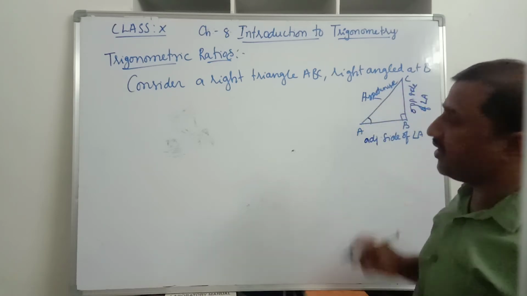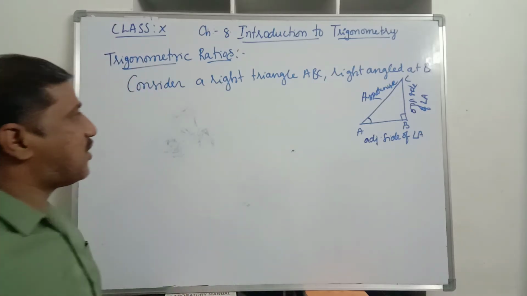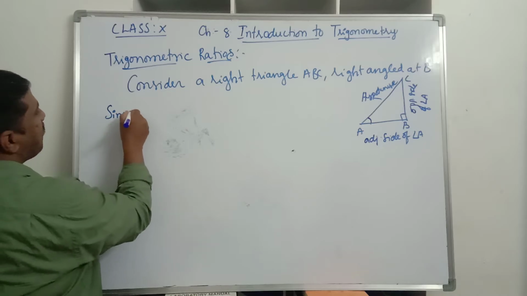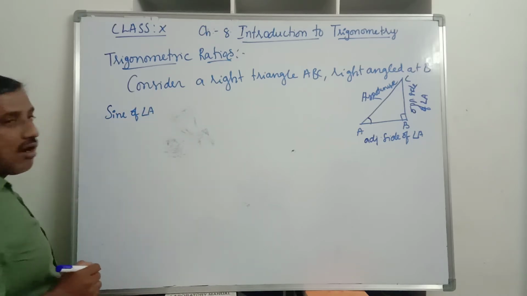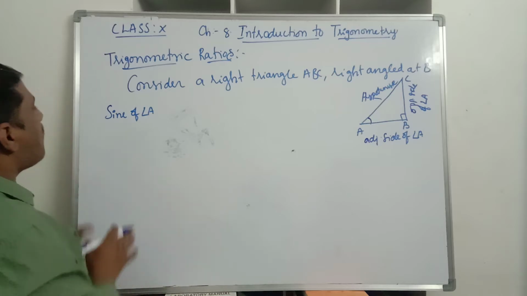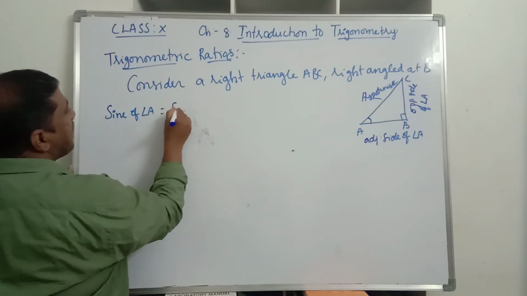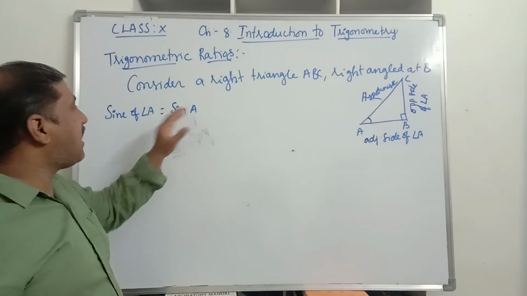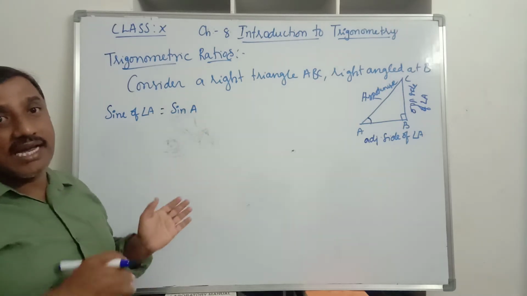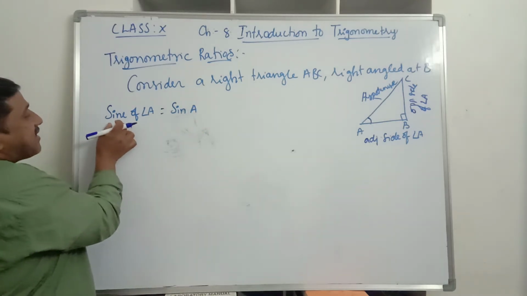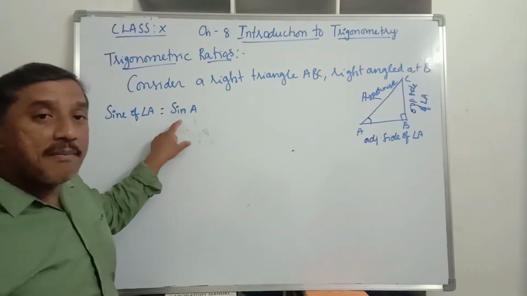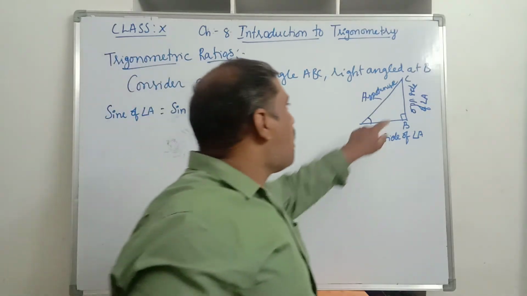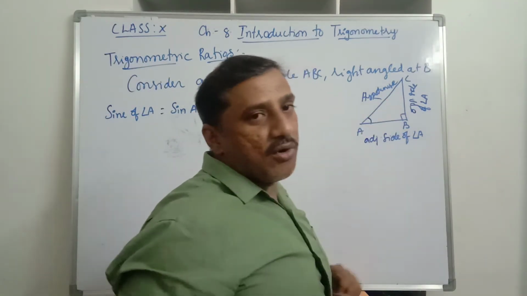AC is the hypotenuse. Now we are deriving the 6 ratios. The first ratio is the sine ratio. S-I-N-E, sine of angle A, which in short form we write as sine A. The full form is sine of angle A, abbreviated as sine A, and it is defined as the ratio of the opposite side and the hypotenuse.